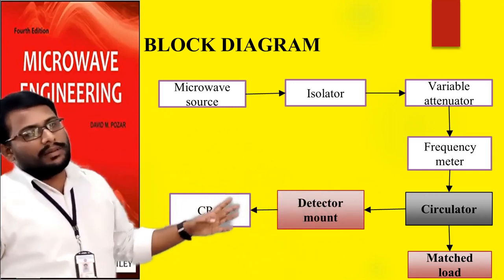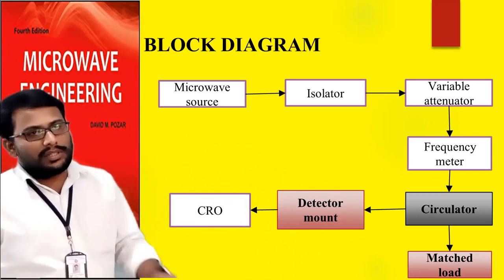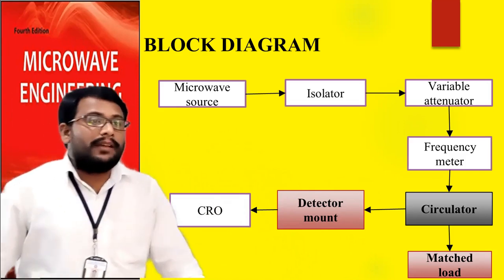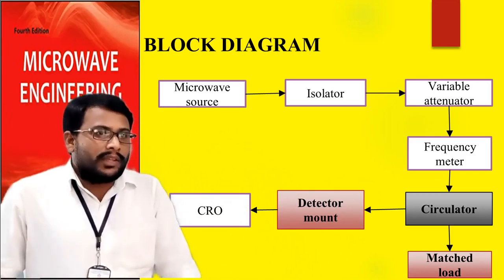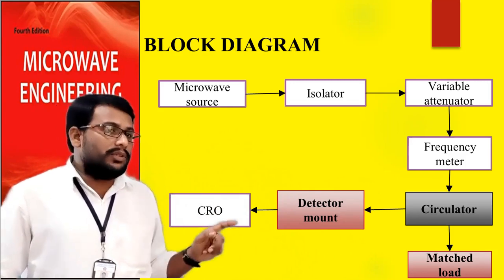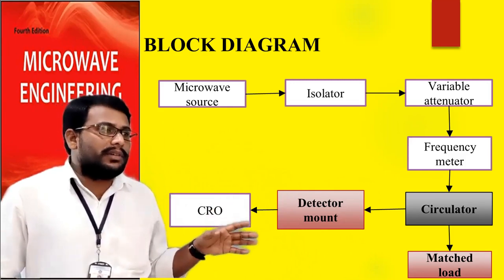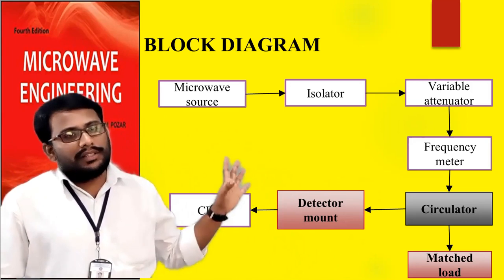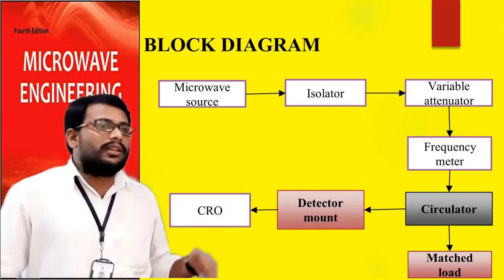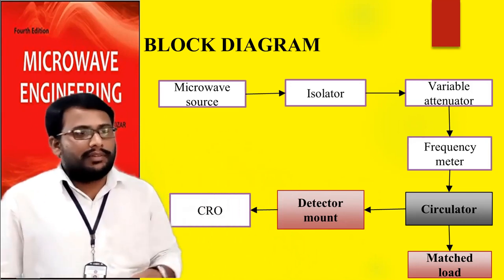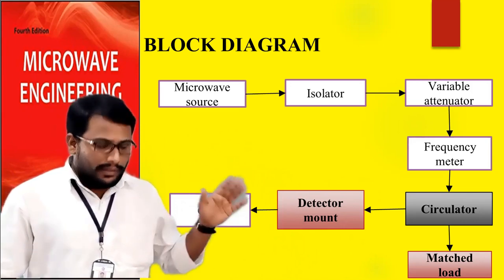Either CRO or VSWR meter, you can use. If you go for the VSWR meter, we can find the powers directly. If you use the CRO in the microwave laboratory, we can find the voltages only. So apply 20 log of the voltage value, and we can find out the powers.